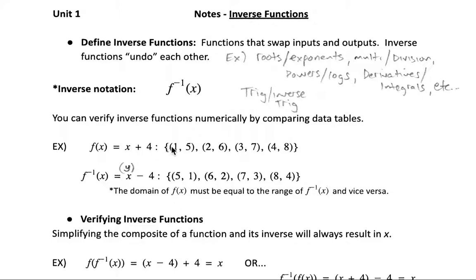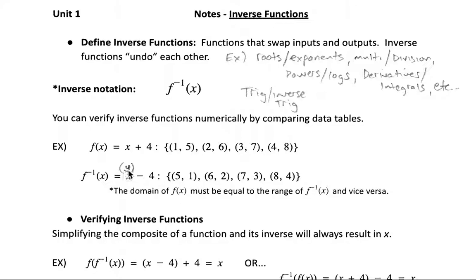For example, if I were to plug 1 into my original function f here, I get 1 plus 4, that's 5. If I had a misconception about what this x was, maybe I would plug that x value into this one and try 1 minus 4, but then I don't get 1 out of it, and I don't see that inverse relationship happening.